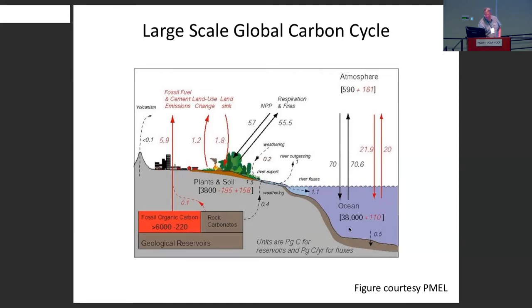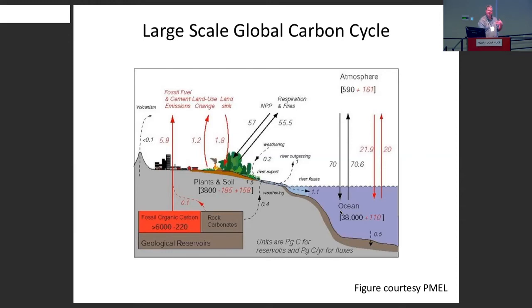There's approximately 10 times as much carbon in the ocean as there is in the land, which has many times more than what's in the atmosphere. This large reservoir of carbon in the ocean is then a large control on atmospheric CO2, which is why we do ocean biogeochemistry at the National Center for Atmospheric Research.